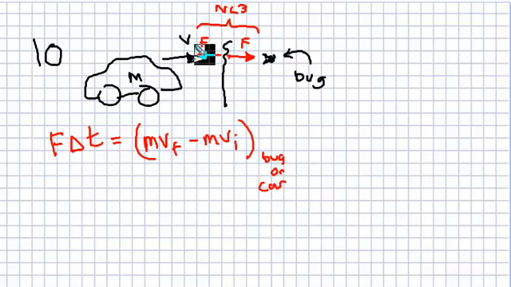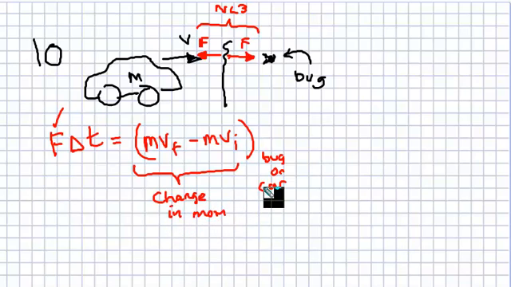Well, we've already clearly stated from Newton's third law that the forces must be the exact same. Check. I'm going to let you think about whether the delta t's would be the same or different as you evaluate the change in momentum of both bug and car. Next question.